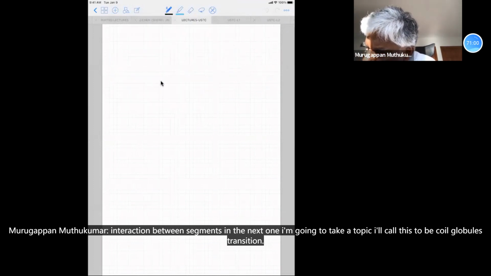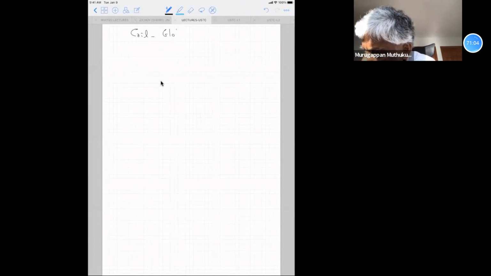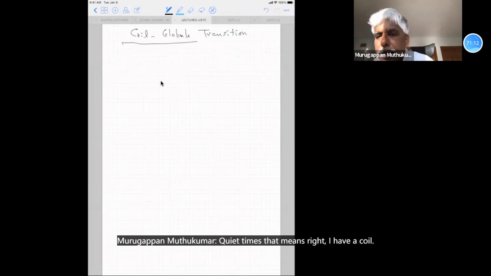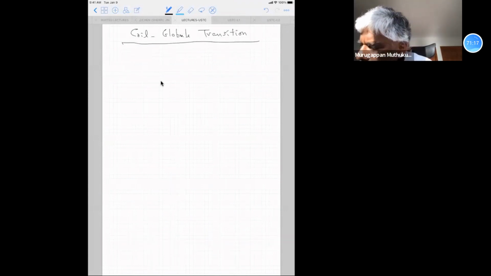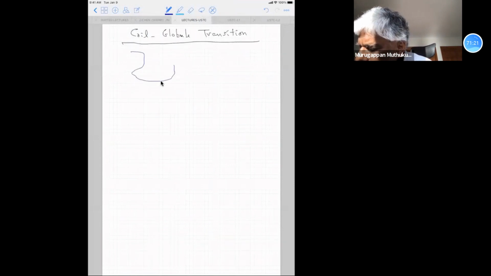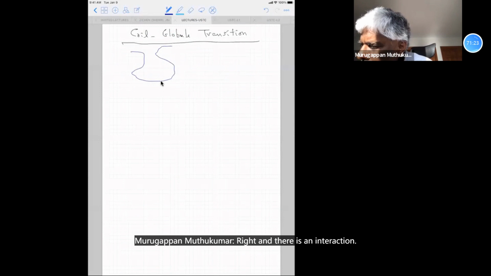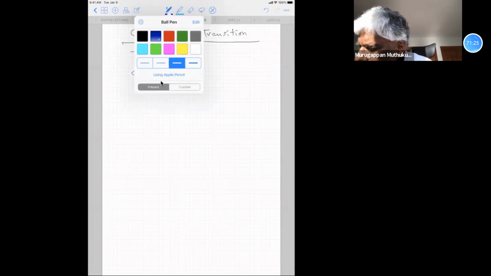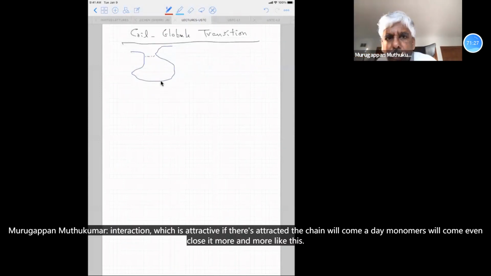The next one, I'm going to take a topic. I'll call this the coil-globule transition. That means I have a coil like this, and there is an interaction which is attractive.